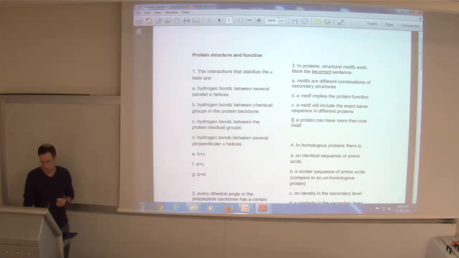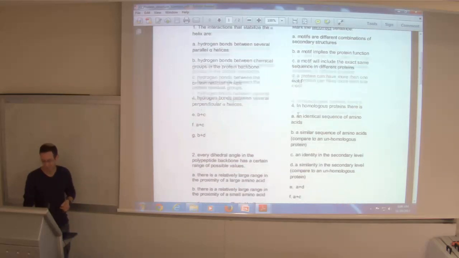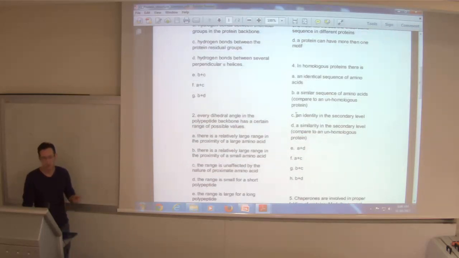D, a protein can have more than one motif. Yes. For instance, if it's an RNA binding protein, it will have an RNA binding motif in one region, and another region, I don't know, would interact with another protein, so it has another motif to function there, or something else.